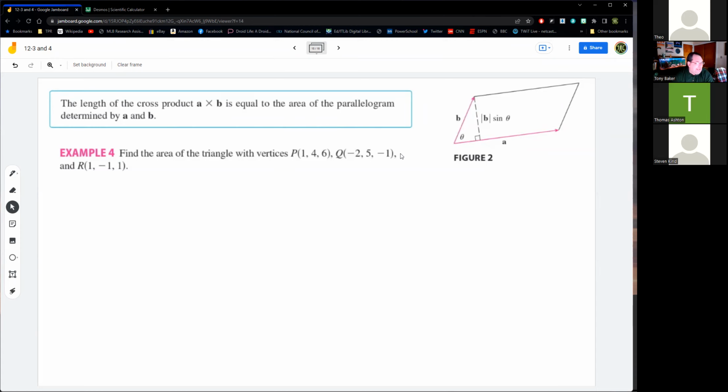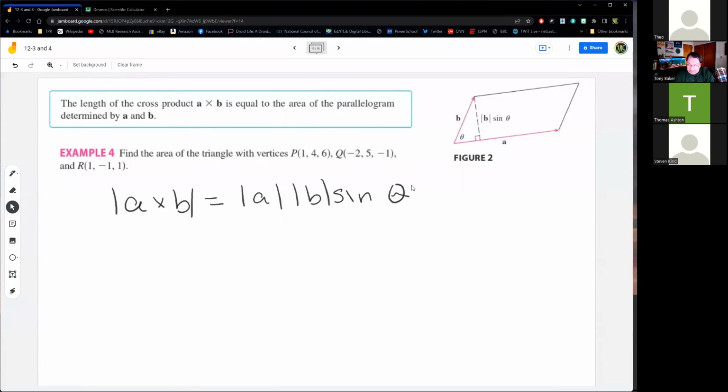So the length of A, remember the formula was the cross product of A and B is the length of A times length of B times sine theta.